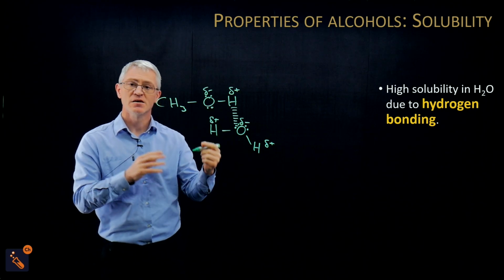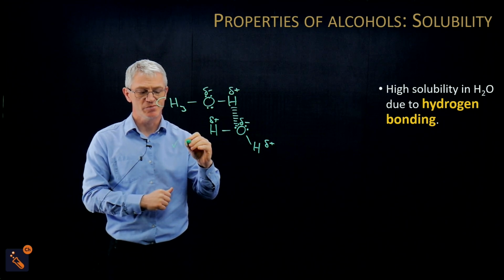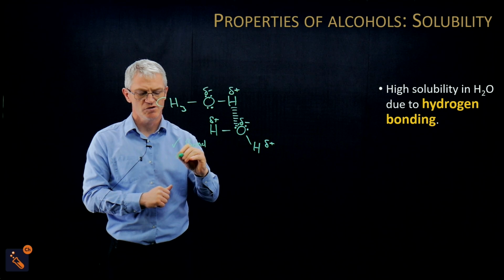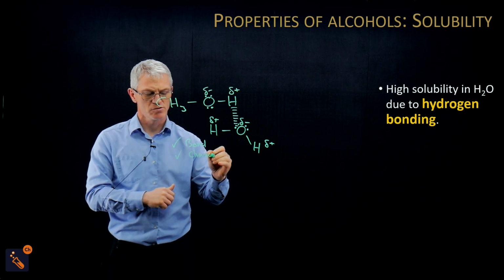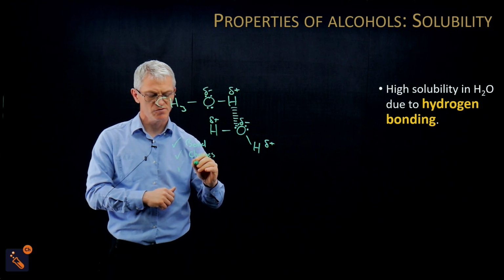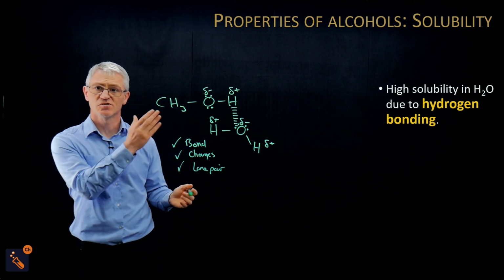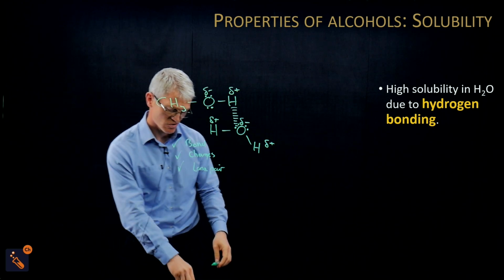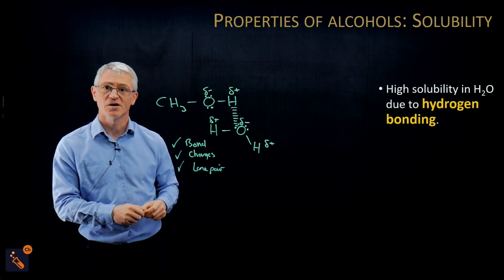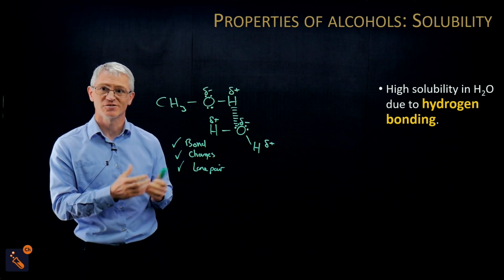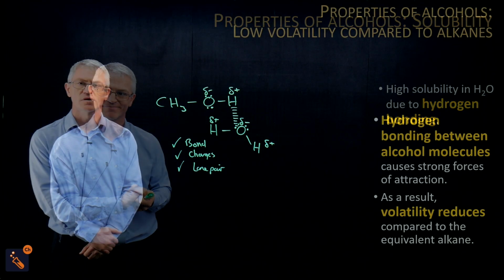Your marks are going to be 1 mark for the bond, 1 mark for the charges, and 1 mark for the lone pair. So you've got those marks in your exam. Really important, not a hard thing to do, and don't miss out on those marks. So that's how you do a hydrogen bond for your exam.